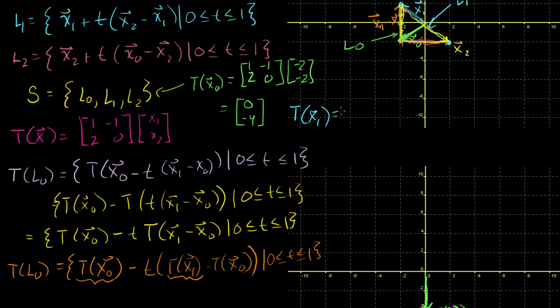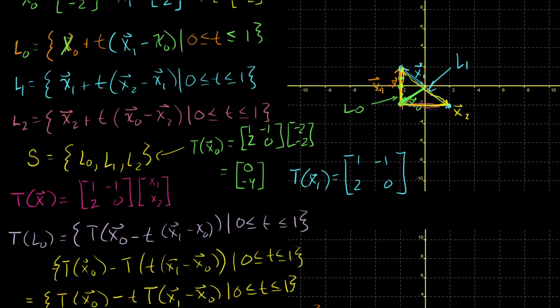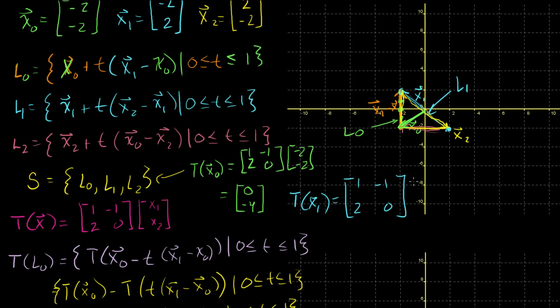The transformation of x1 is equal to [1, 2; minus 1, 0] times [minus 2; 2]. So what is this equal to? This is equal to 1 times minus 2 plus minus 1 times 2, so that's minus 4. And then 2 times minus 2 is minus 4, plus 0.